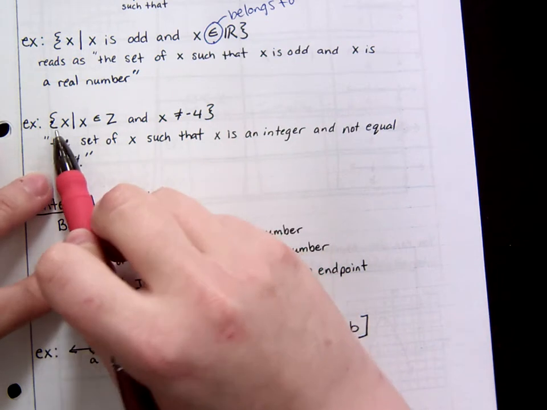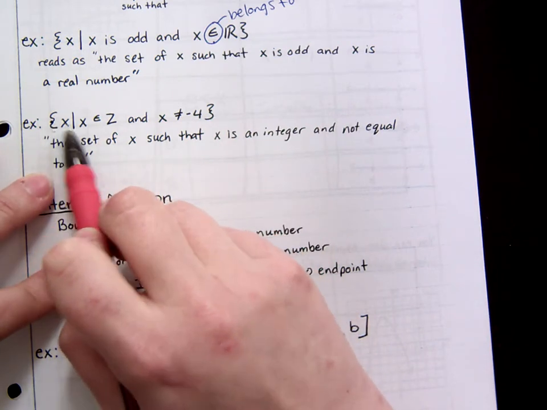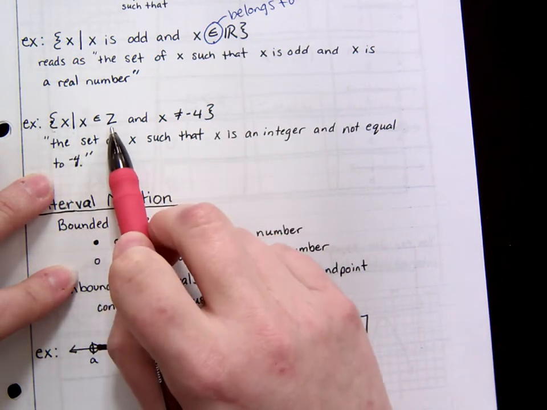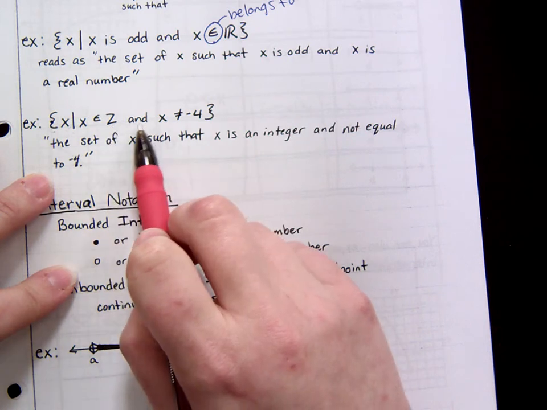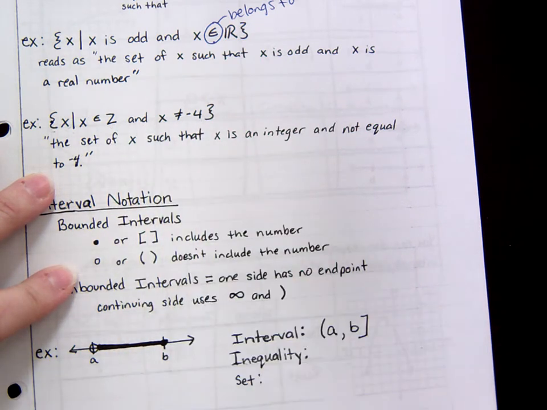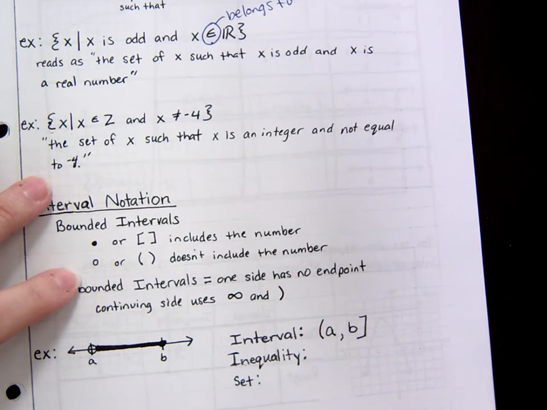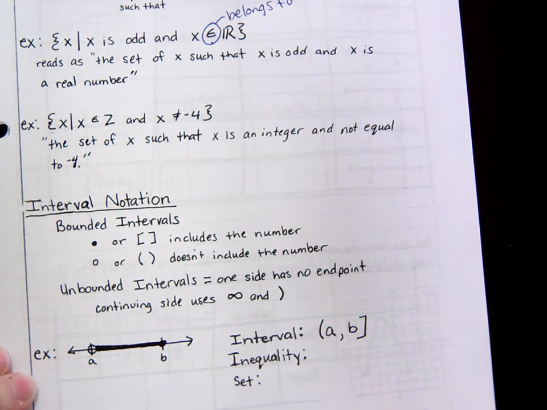So for instance, this one is saying I've got a set of x values such that x is an integer but not equal to -4. So it's every integer except -4.